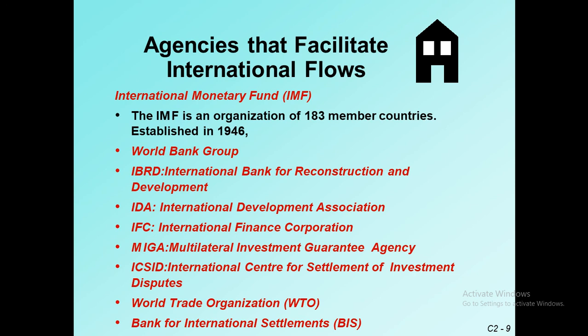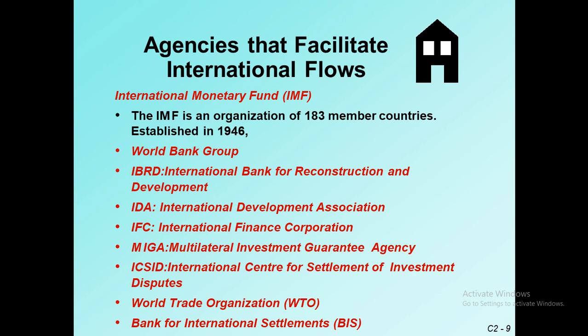Next is the Bank for International Settlements, BIS, which was established in 1930 as an international organization that fosters cooperation among central banks and other agencies in pursuit of monetary and financial stability. It is the central bank and lender of last resort.